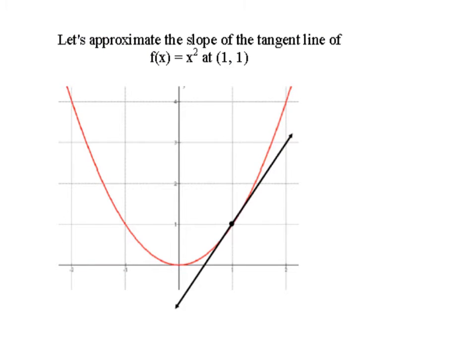So the problem that led to the discovery of one of the main parts of calculus was this idea of finding the slope of a line tangent to a curve at a single point. Now we know from lines that in order to find the equation of a line you need 2 points.